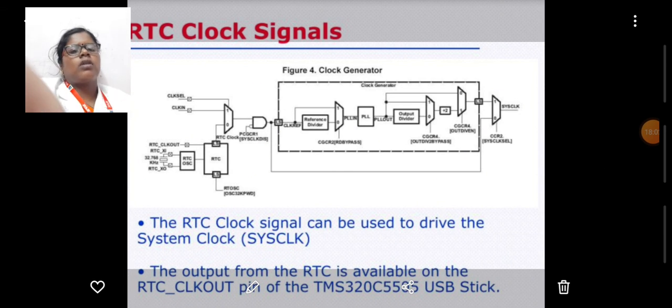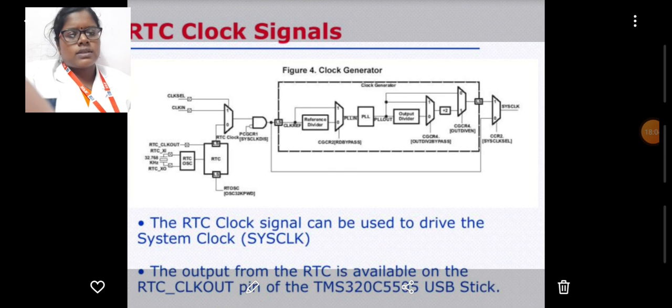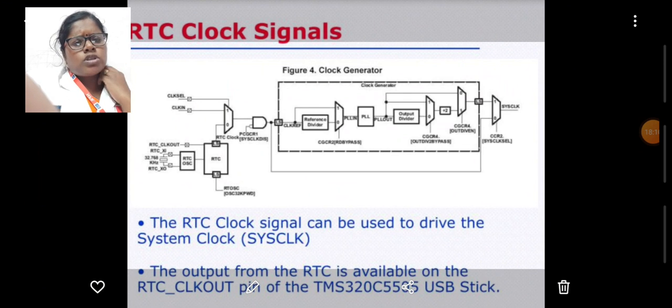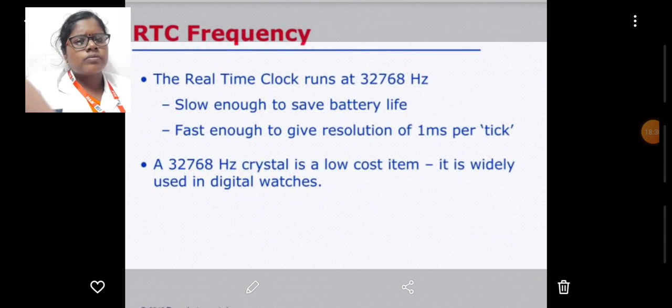And here we have seen the RTC clock signals, how they look and how they flow through the mux and output generator. Here we have used four types of mux clock generators, and it has clock and CLAN outputs. The RTC clock signal can be used to drive the system clock. The output clock from the RTC is available on the RTC output pin.